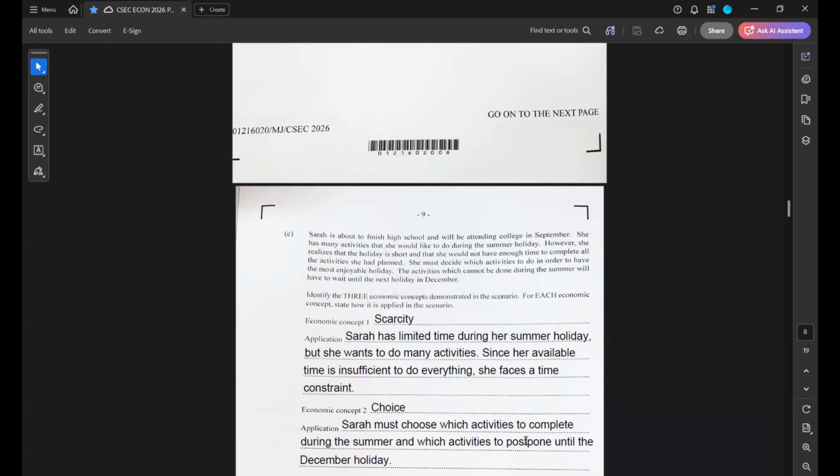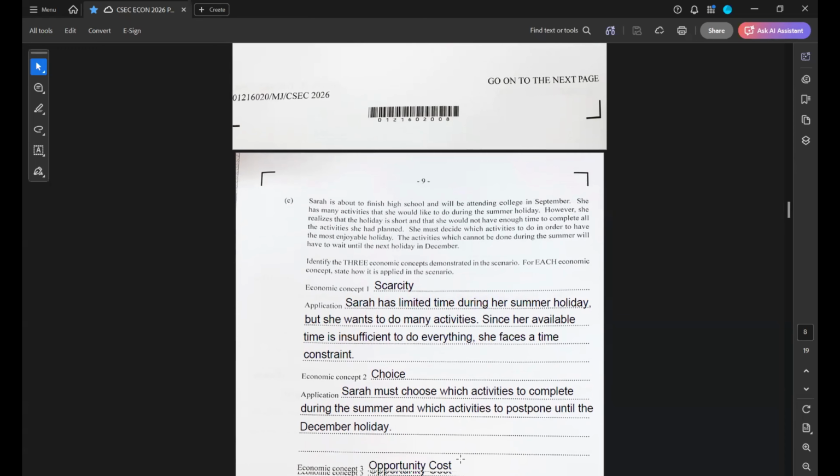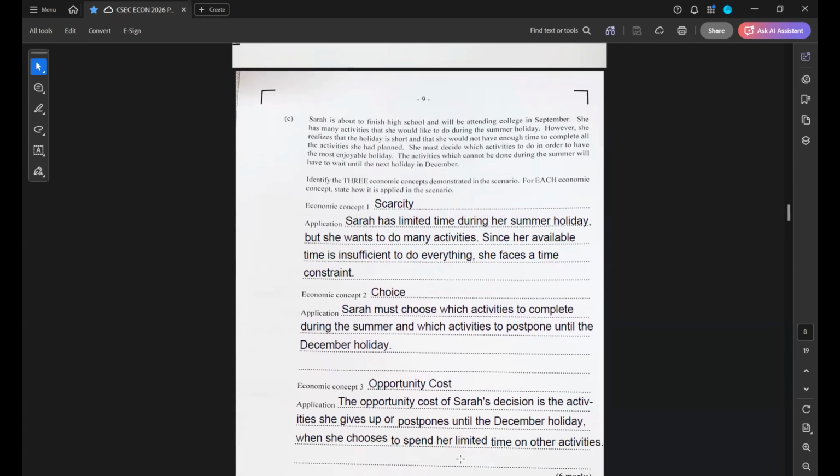Sarah must choose which activities to complete during the summer and which activities to postpone until the December holiday. And the third economic concept is opportunity costs. The opportunity cost of Sarah's decision is the activities she gives up or postpones until the December holiday, when she chooses to spend her limited time on other activities.